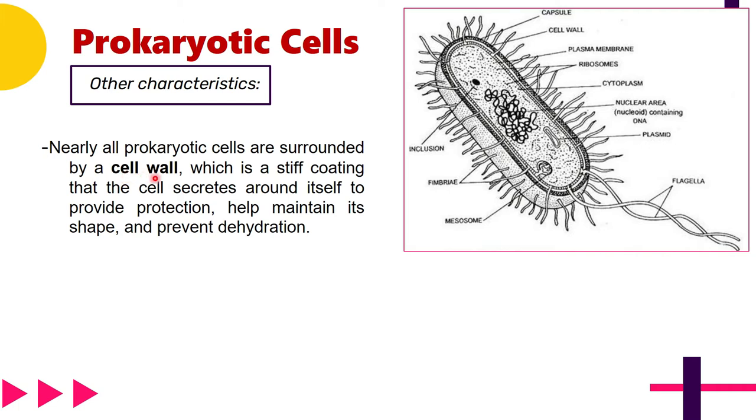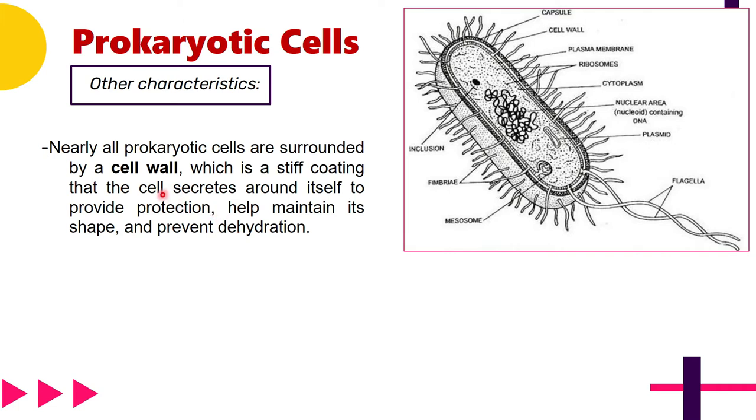So what is the purpose of the cell wall for a prokaryotic cell? It is a stiff coating that the cell secretes around itself to provide protection, help maintain its shape, and prevent dehydration. Why is it so significant?